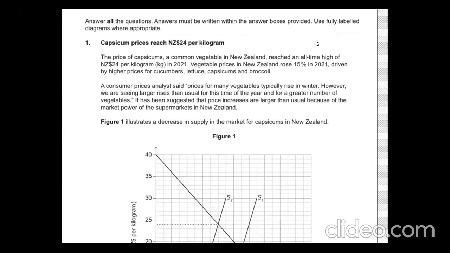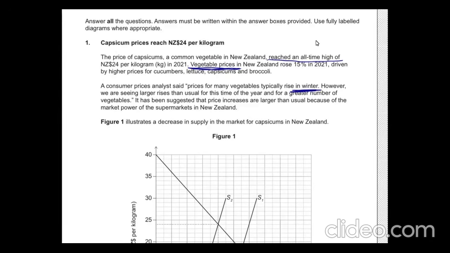Capsicum prices reach 24 New Zealand dollars per kilogram. It is reaching an all-time high, and it happens to the other vegetable prices too, partly because of the weather condition, which is winter.